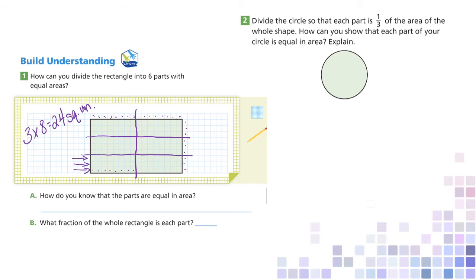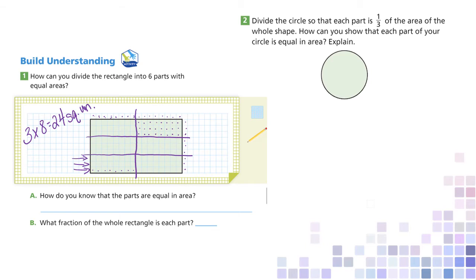Let's try one more out and see if we get it. And let's count this time. 1, 2, 3, 4, 5, 6, 7, 8, 9, 10, 11, 12, 13, 14, 15, 16, 17, 18, 19, 20, 21, 22, 23, 24. Yep, that's correct. Each of those parts has 24 square units.